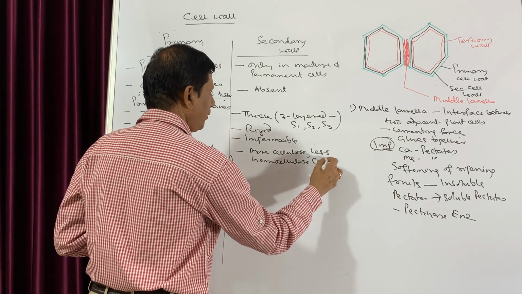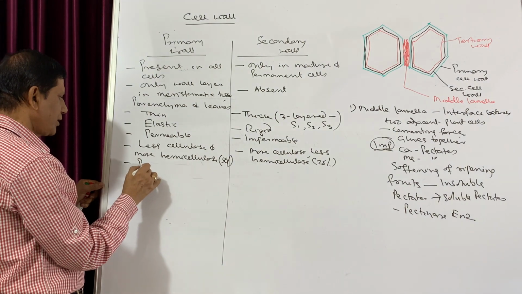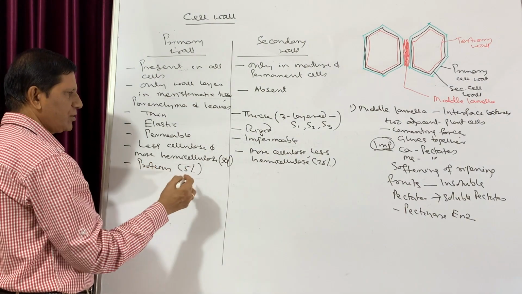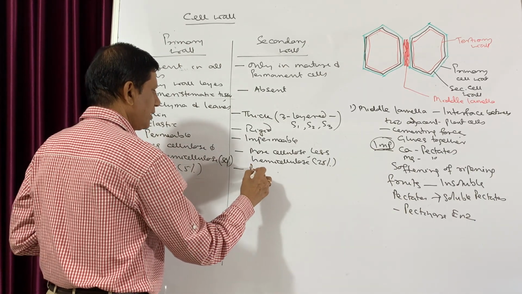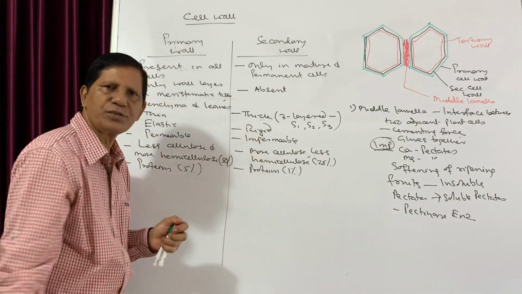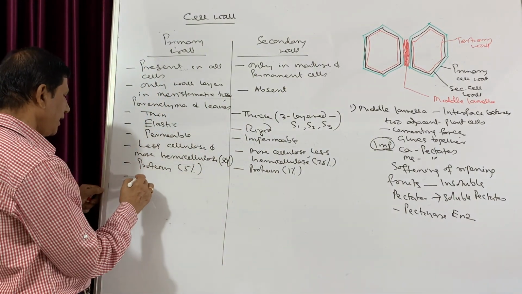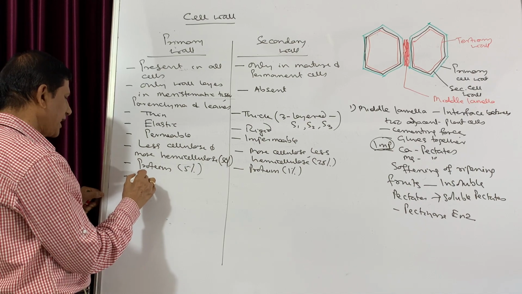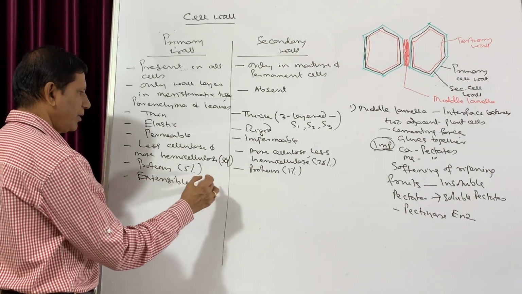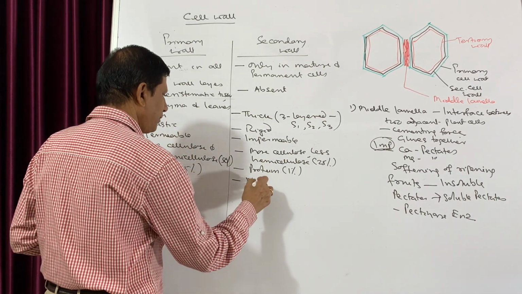It is around 25%. Here the proteins are around 5%, but here proteins are only 1%. And here it is extensible. That means it can be extended, but the secondary wall is not extensible.